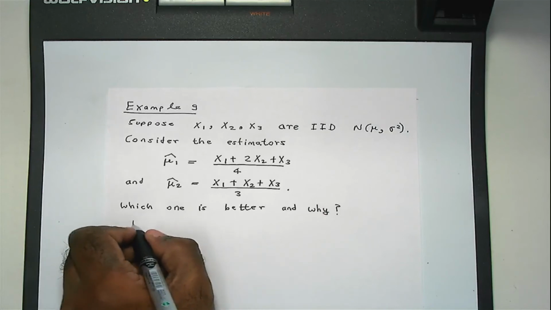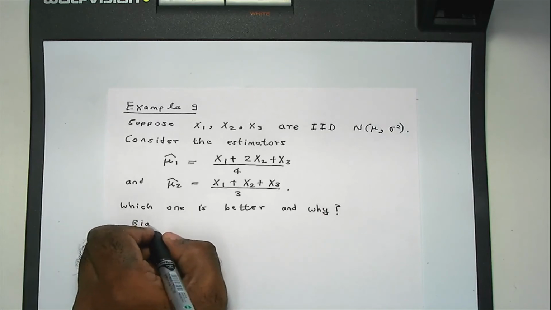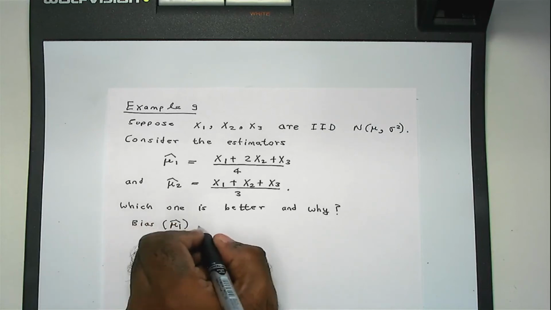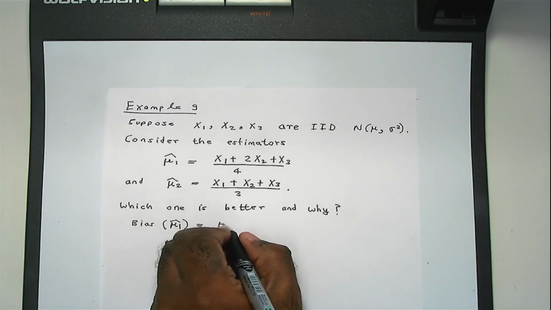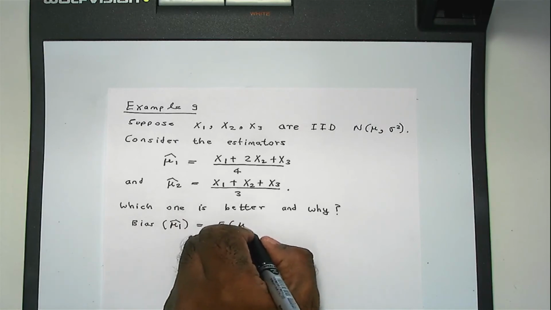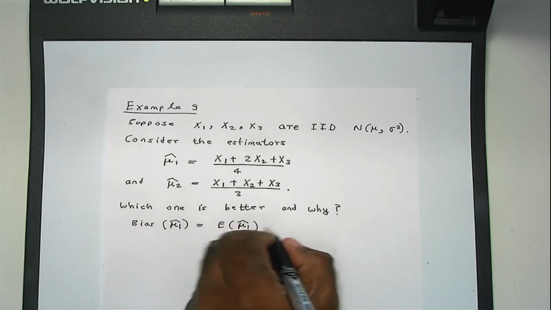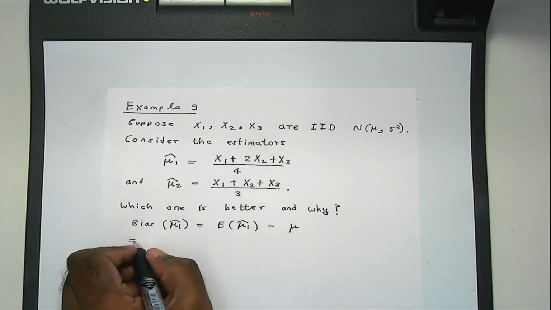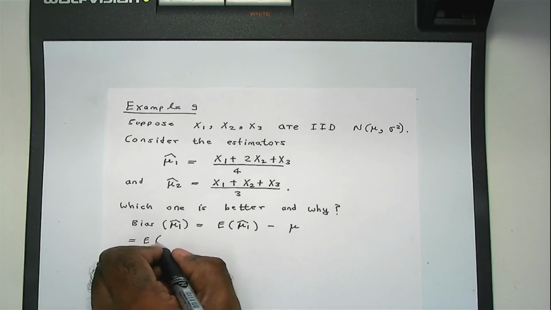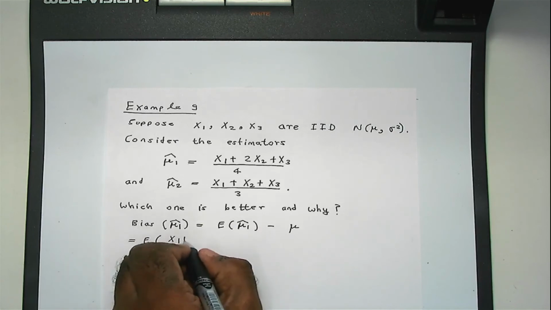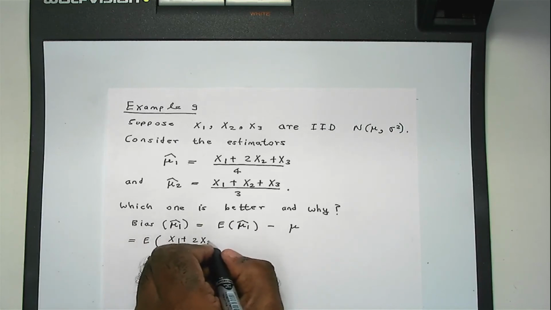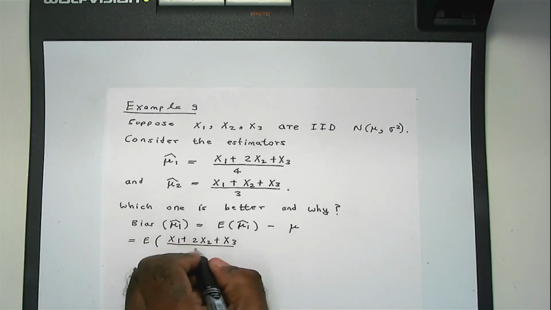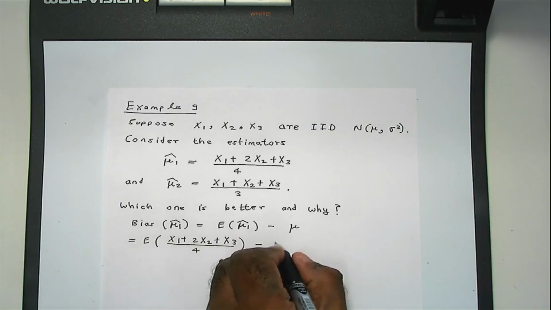So the bias of this, right? So this will be minus mu.